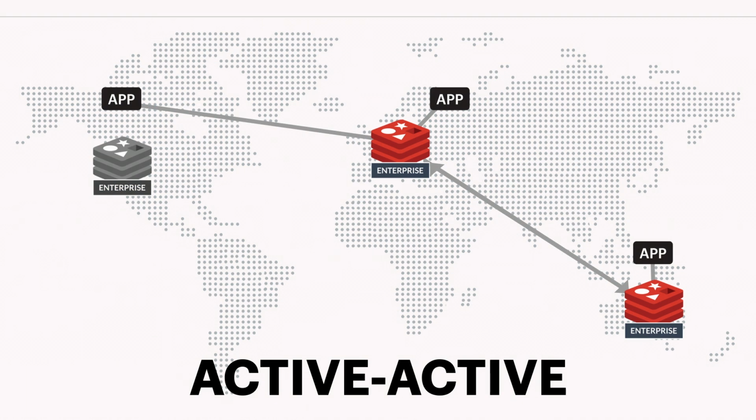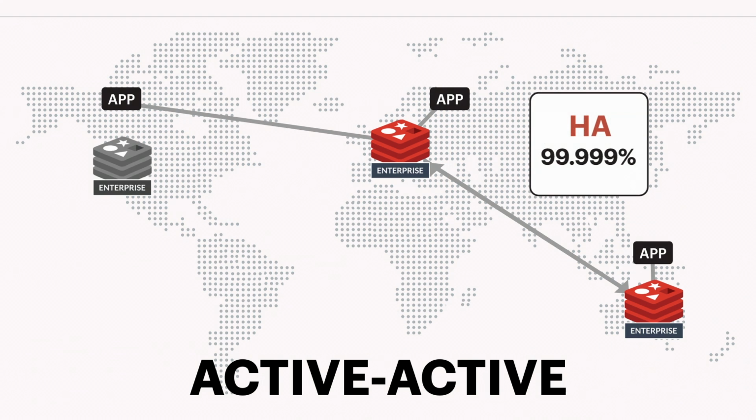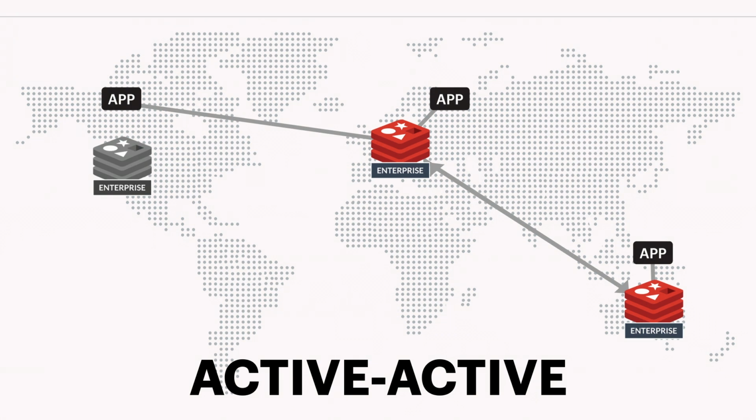As a matter of fact, if you put your replicas in at least 2 data centers, Redis Enterprise guarantees 5 nines availability. So active-active geo-replication is a fantastic technology for building a modern data layer at global scale.